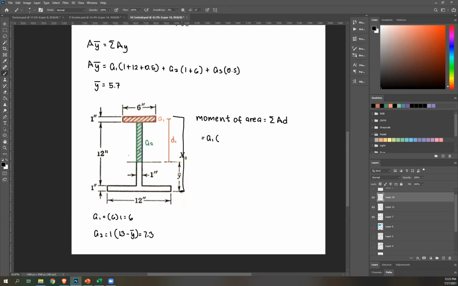It's this total height, right? So that's 12 plus 1 plus 1, so 14, and then minus whatever this is. So again, total height 14 minus y bar.